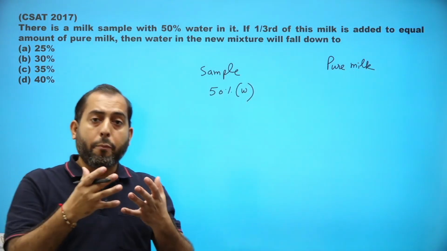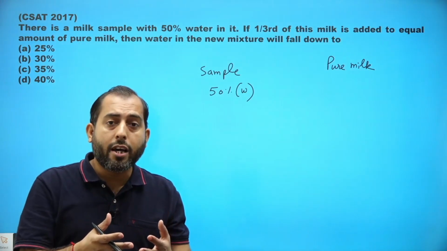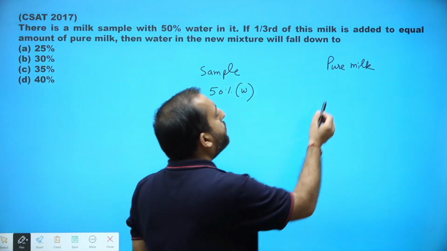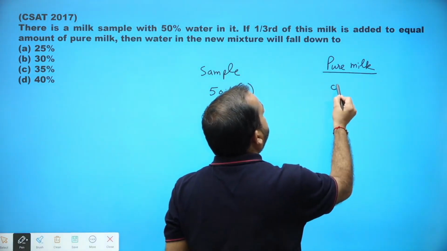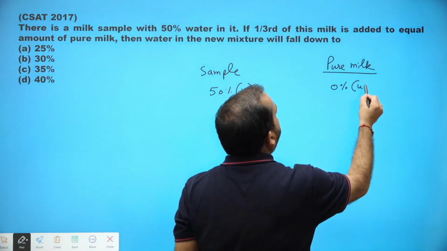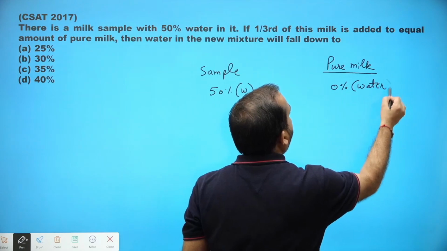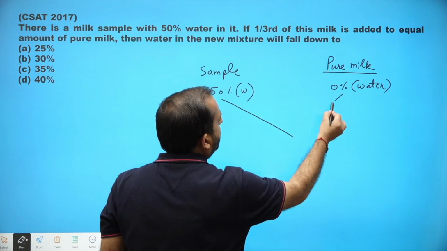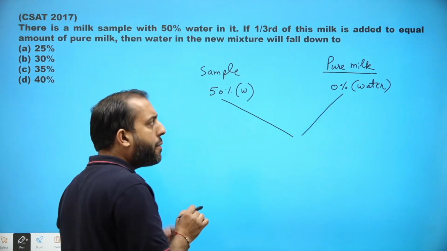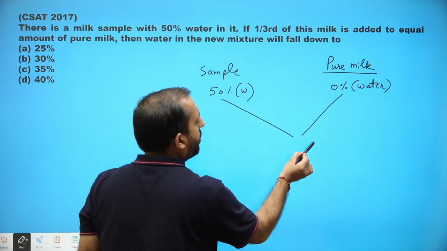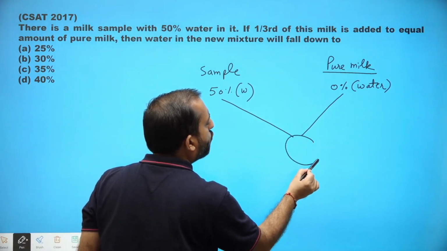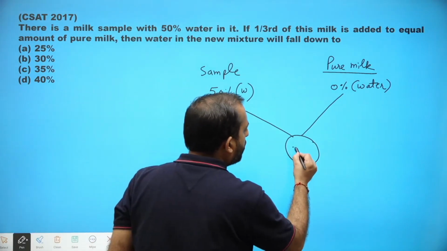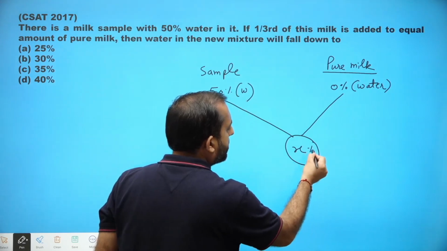If we are having pure milk, then what can I say about the percentage of water in that pure milk? It should be 0. Now, when this sample and this pure milk are mixed, we will have some percentage of water in the mixture. Let's say in the mixture, the percentage of water is x%.